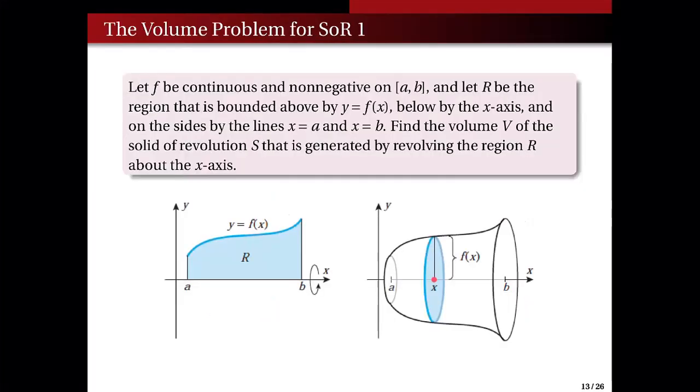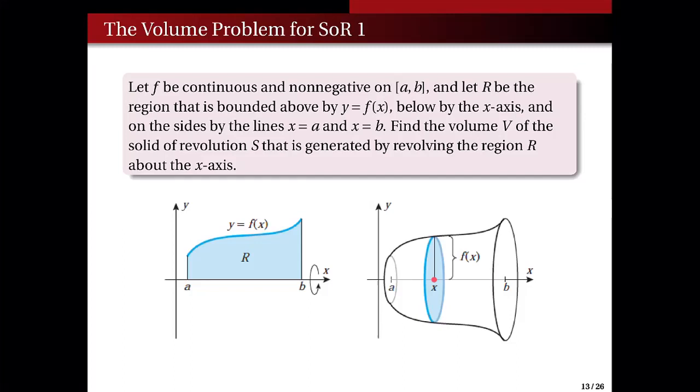So the first problem for the solid of revolution. Let f be continuous and non-negative on [a, b], and let R be the region that is bounded above by y equals f of x, below by the x-axis, and on the sides by the lines x equals a and x equals b. So this is your function here. You have x equals a, you have x equals b, and you have this region.